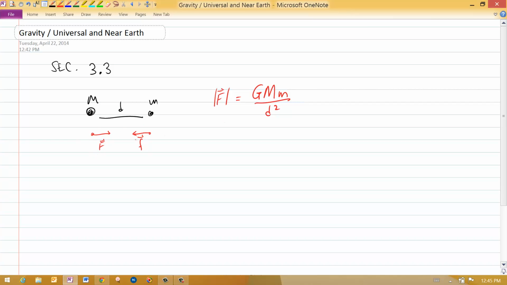And the direction is given by this little geometric construction here. You figure out what's the vector that takes you from big M to little m, and you divide it by its length. That tells you the unit vector. If I ask for the little f, what is its force? Well, it's exactly the same expression, but I have to change the order in which the two masses occur.